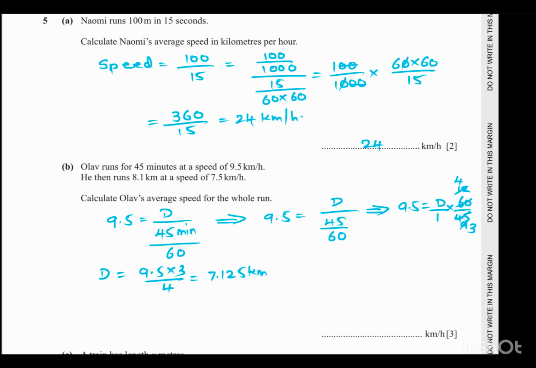Then second case, he then runs 8.1 kilometers at a speed of 7.5. So this is the first case. Second case is 7.5 is the speed and distance is 8.1 and the time we don't know. So here time will be 8.1 by 7.5.